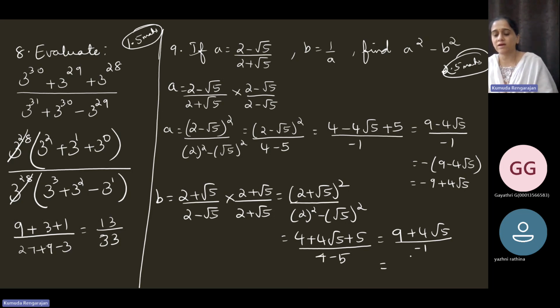Minus in brackets, you will have 9 plus 4 root 5. So which is -9 minus 4 root 5.